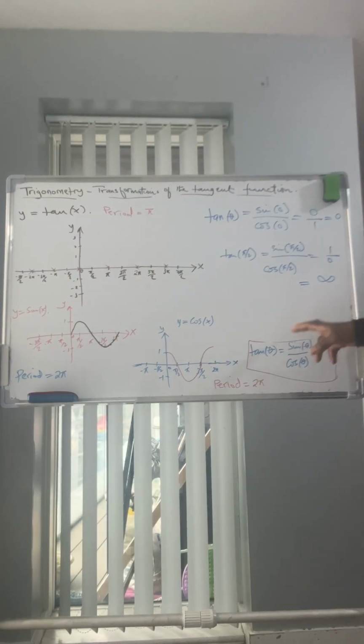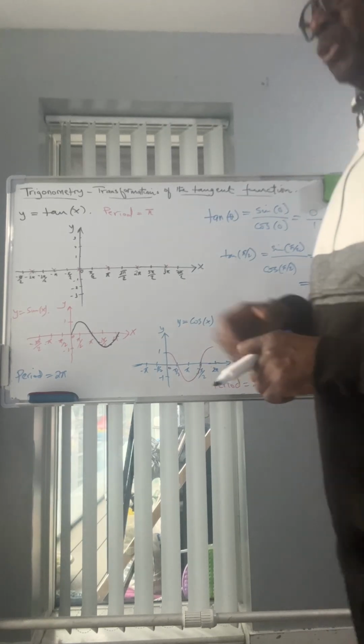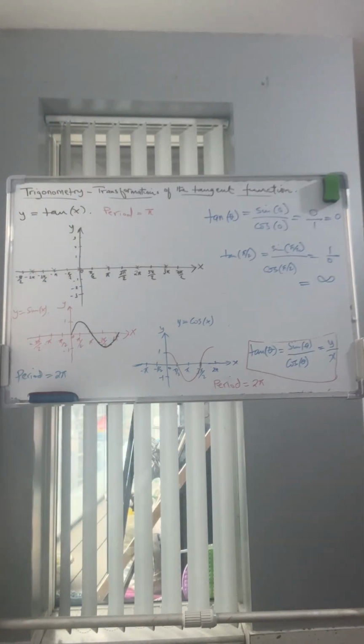The graph approaches infinity or an asymptote. That means the graph will never touch this line. It will go towards it, but it will never touch it.